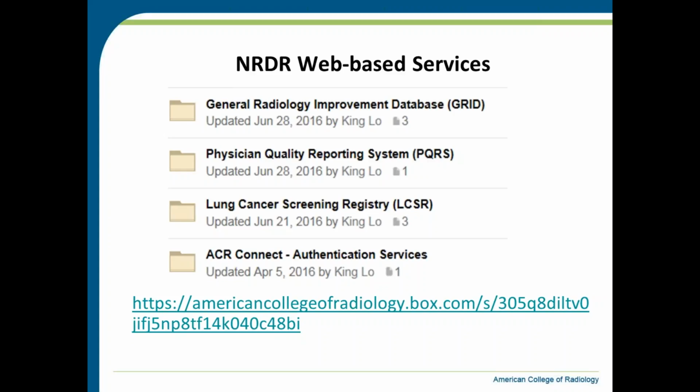CMS will use a benchmark from the previous year for any non-PQRS measure that was reported that has enough data that has been submitted. So it has to have at least 20 cases submitted for it. So they will use that the same way as the PQRS measures.